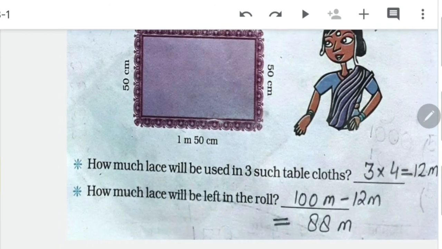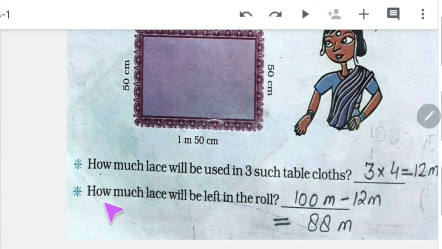Now the further question is, how much lace will be used in 3 such tablecloths? We know that 4 meter of lace is used for 1 tablecloth. So 3 into 4 meter of lace will be used for 3 such tablecloths. That is 3 into 4 equals 12 meter.